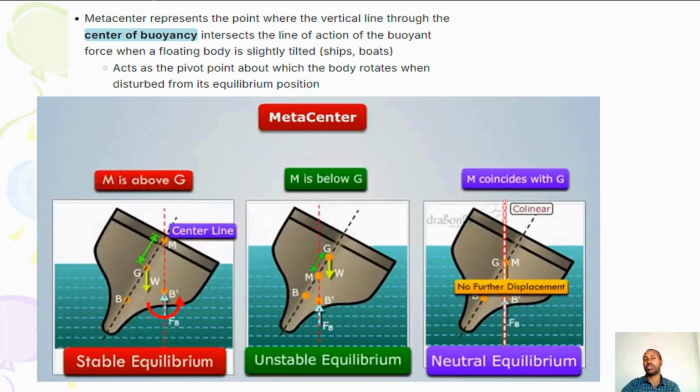As a conclusion, the metacenter represents the point where the vertical line through the center of buoyancy intersects the line of action of the buoyant force when the floating body is slightly tilted, like ships or boats. Sometimes they just tilt. So it acts as a pivot point about which the body rotates when disturbed from its equilibrium position. This is from what I have shown you previously.